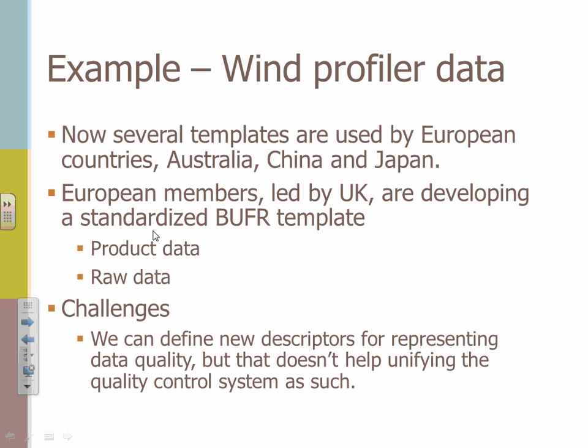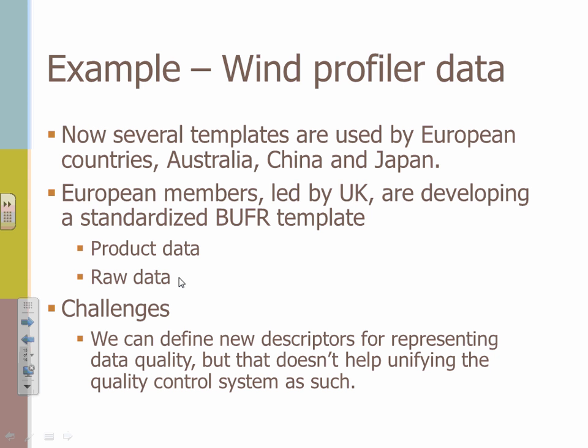Probably the most difficult part is the quality control system. As a data representation, we can define new descriptors for representing data quality, but defining the descriptor doesn't help unify the quality control system as such.